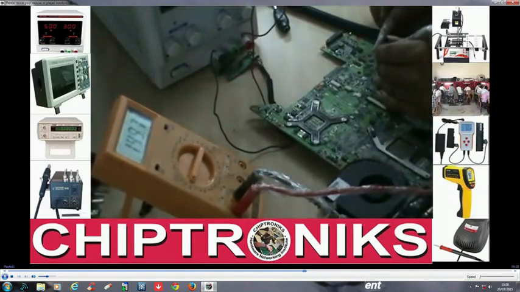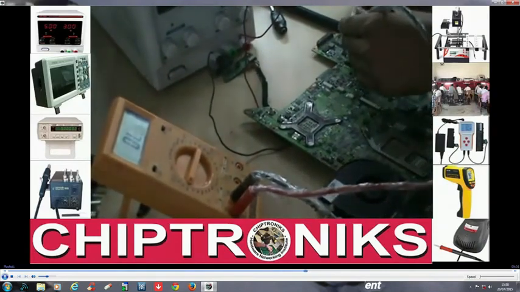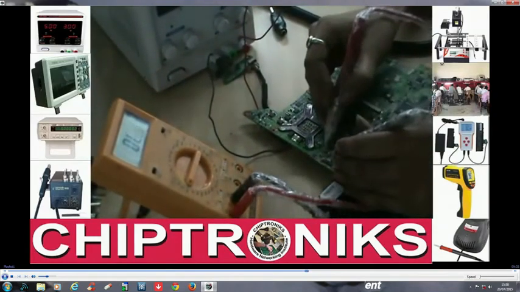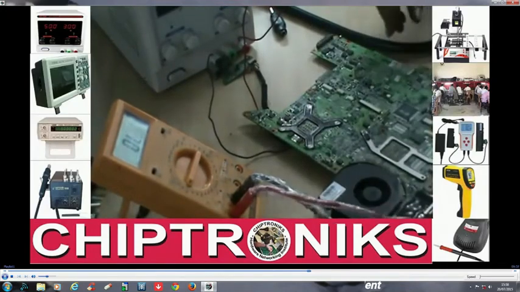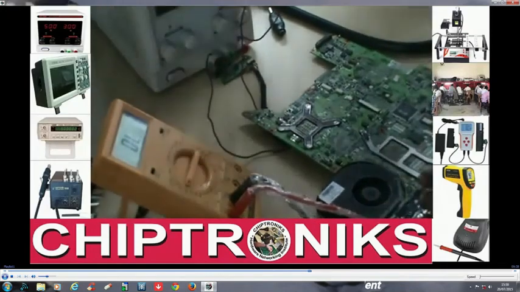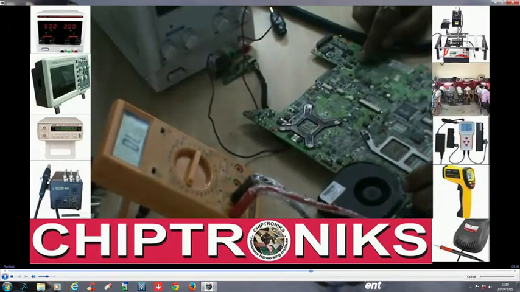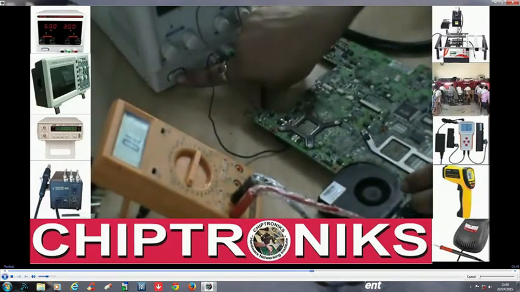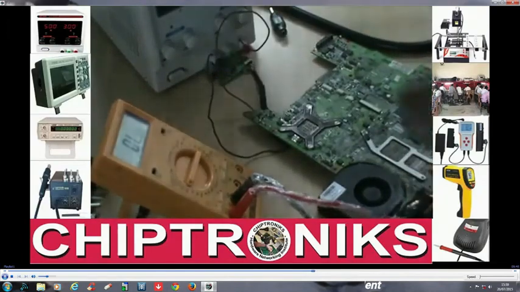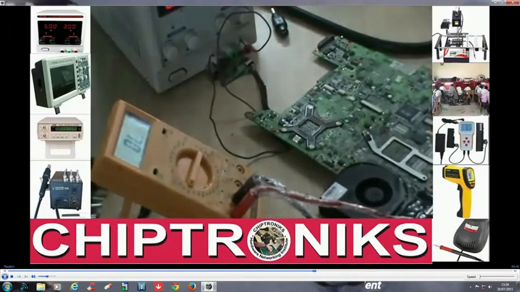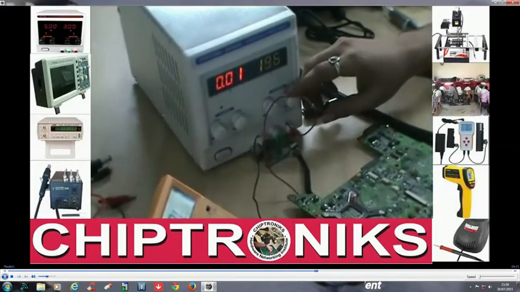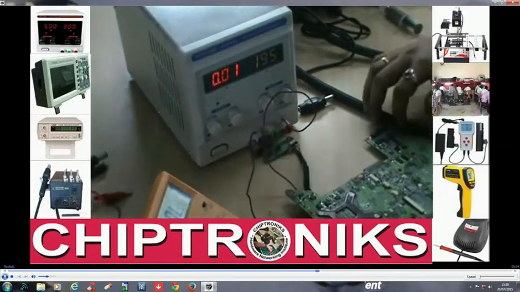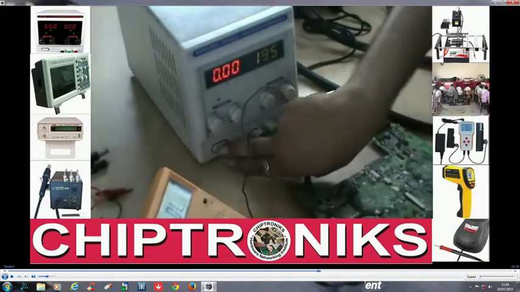Yeah, shorting not present, I think shorting gone, no beep. Yeah, now I'll check back again after removing this faulty capacitor. Now I'll check here. Yes, it's gone. Now our motherboard is okay.